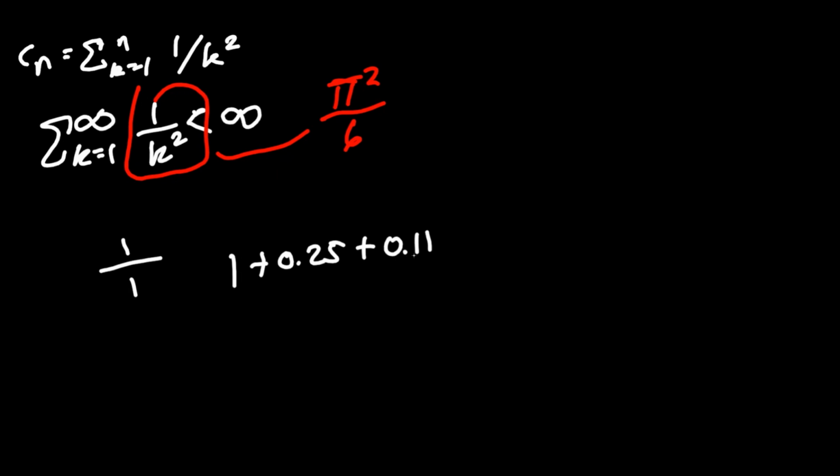It's not going to infinity ever, really. So that's why it goes to pi squared over 6. Obviously, the exact number is difficult to compute, but you can just tell that it will not go to infinity just by looking at it.